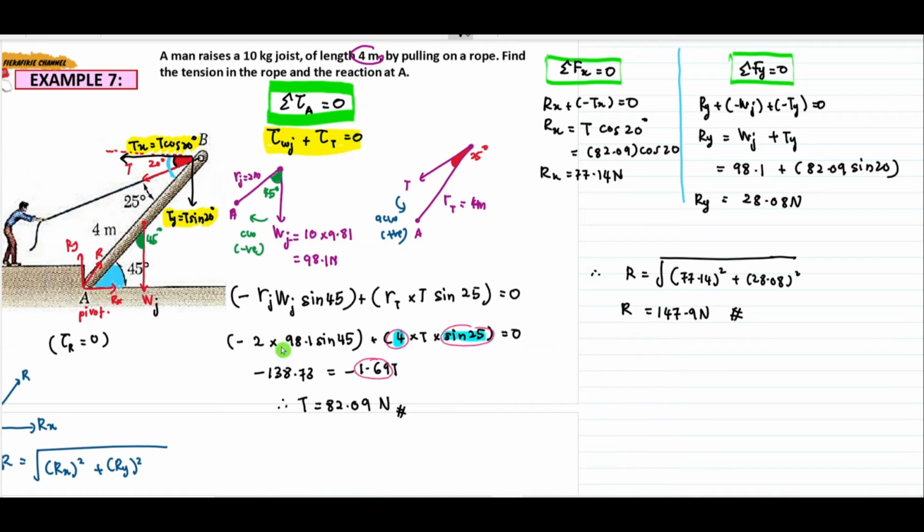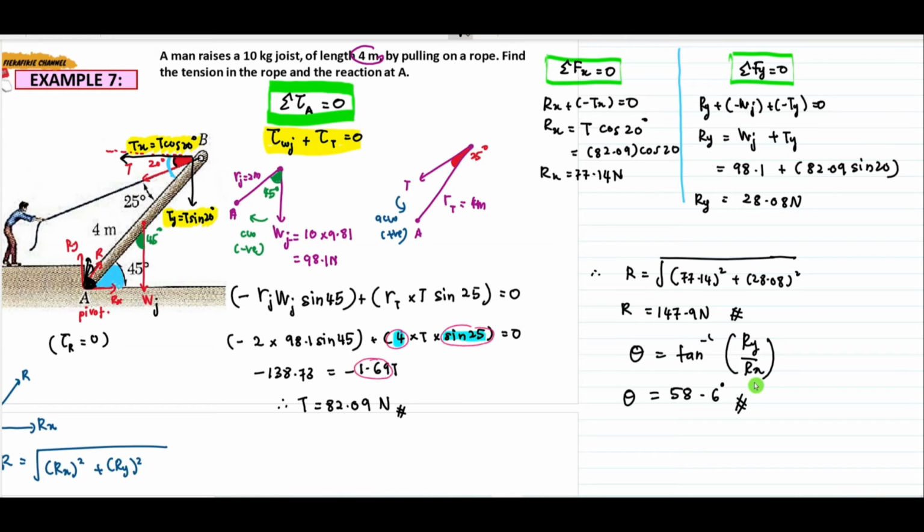So for the direction, we see this R, we do not know which way R points. So we want to know this angle that I blackened. Okay, so theta is equal to inverse tangent Ry over Rx. You substitute the values, you will get theta is equal to 58.6 degree. Okay, so that finishes example 7.